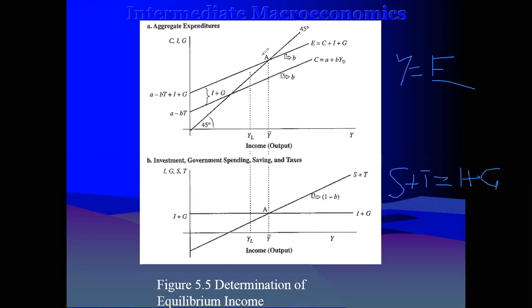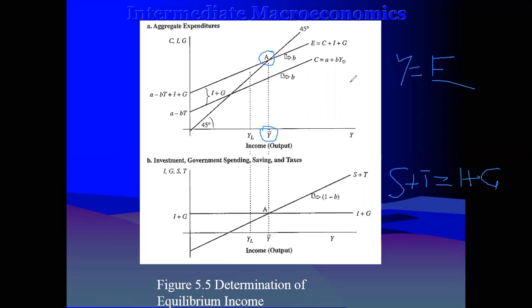The first diagram here is using Y is equal to E. We use the 45 degrees line as our Y line, and this is our expenditure, the aggregate demand curve. Where these two curves meet, that's where we get our equilibrium point, our point A here. So we trace this to the output axis, and the value of Y that we get here, the Y bar, is our equilibrium national income.